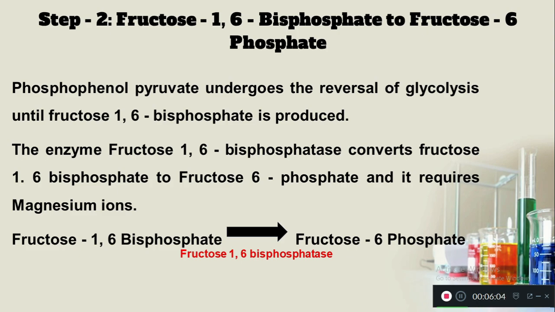For this, the enzyme catalyzing is fructose 1,6 bisphosphatase, but that takes place with the help of magnesium ion. That takes place in the support of magnesium ion. This conversion takes place. Fructose 1,6 bisphosphate is converted into fructose 6 phosphate.